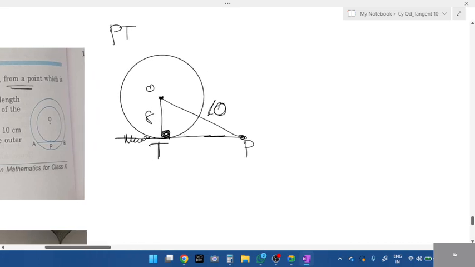Simple. Apply the Pythagoras theorem. What is the Pythagoras theorem? Opposite to 90 degrees we have the hypotenuse. OP square is equal to OT square plus PT square. Now find the value of TP, students. That is the tangent. Can you check the answer? 6 or 12?